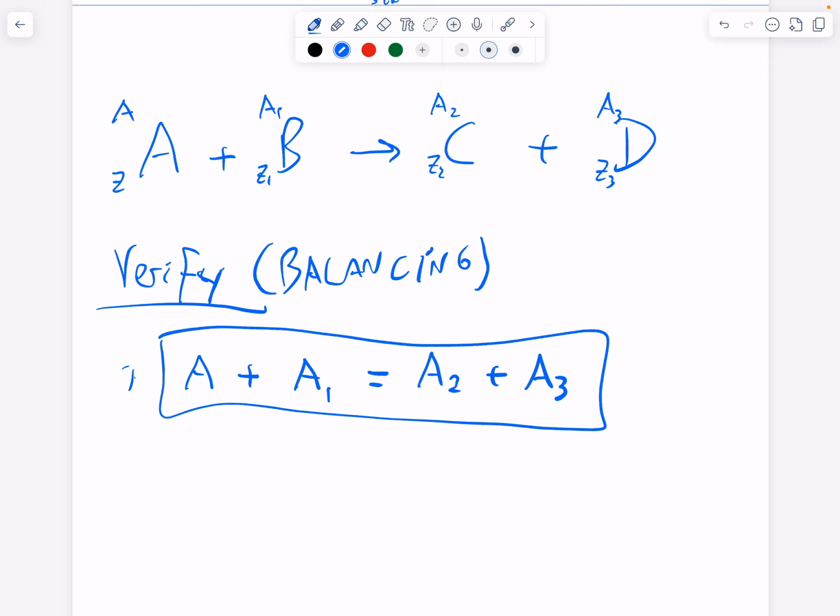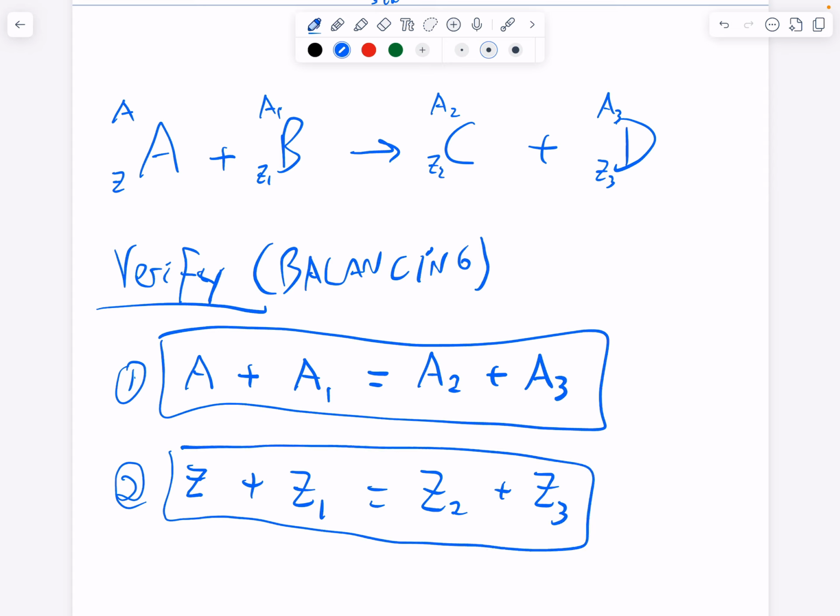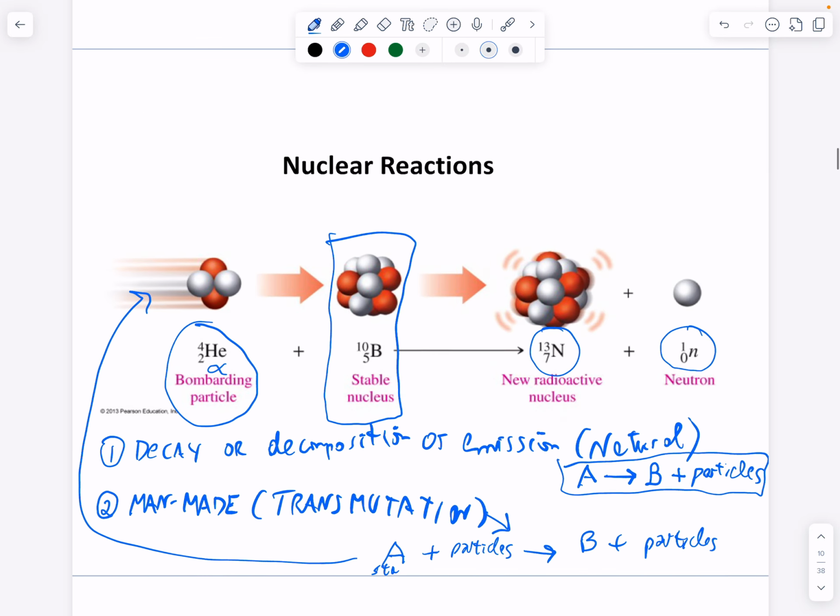Not only that, you also have to verify that the atomic number in the reactants or left side is equal to the atomic number in the right side or products. If you are able to verify both cases, then you can say your equation is balanced and is correct. Okay? Let's test it with this equation that is here.